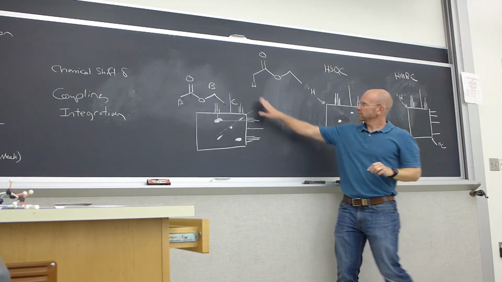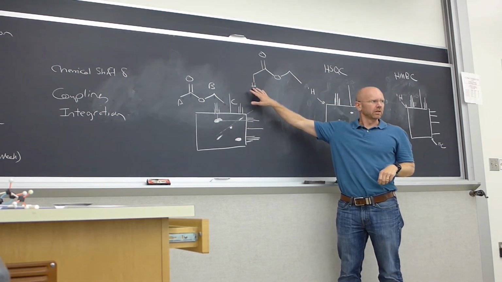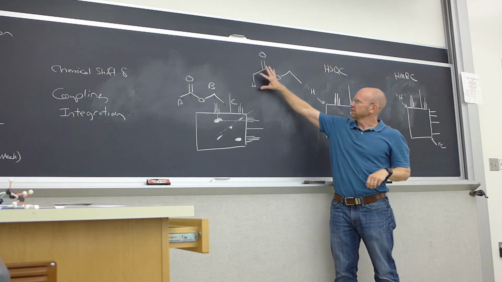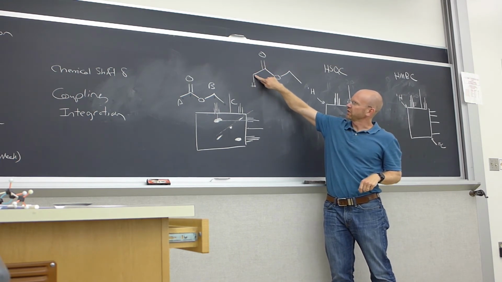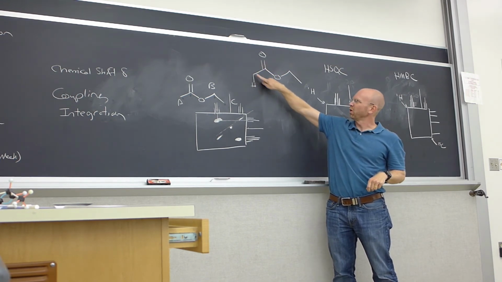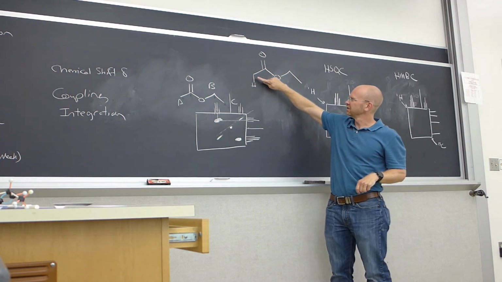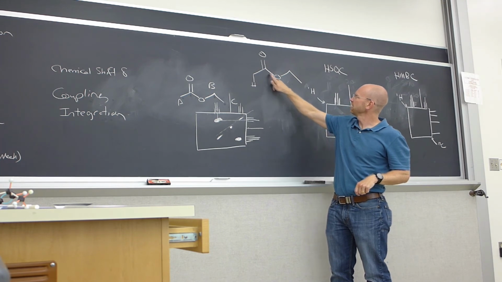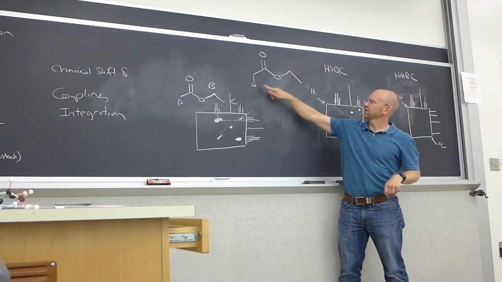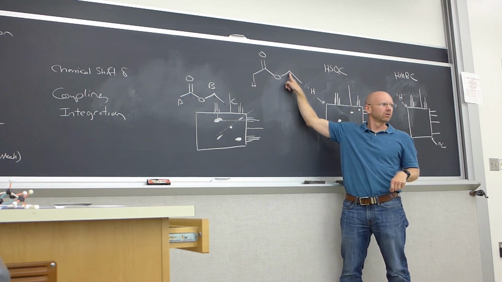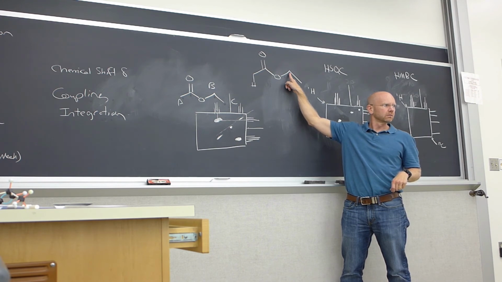So this proton in an HSQC has a cross peak with that carbon. That one's 1 bond away. You with me? In an HMBC, it's going to couple to a carbon that is 3 or maybe 4 bonds away. So that's 1, 2, 3, 4. That carbon and that proton will show a coupling. See what I'm talking about?